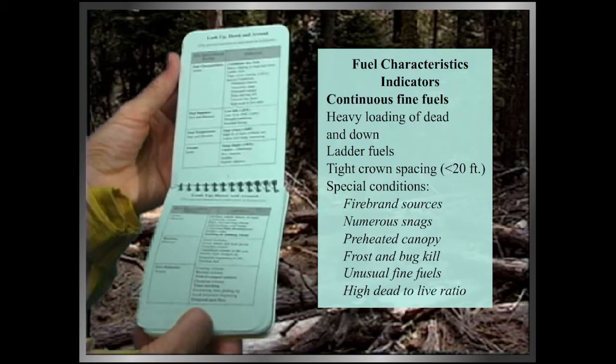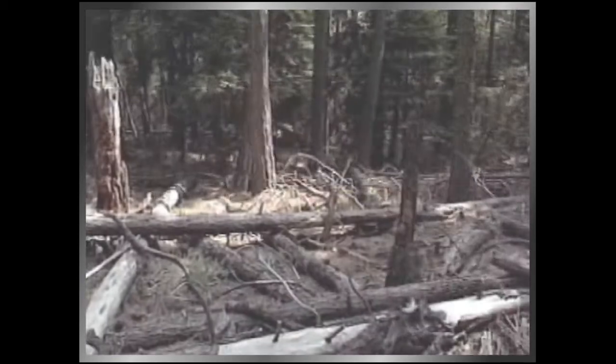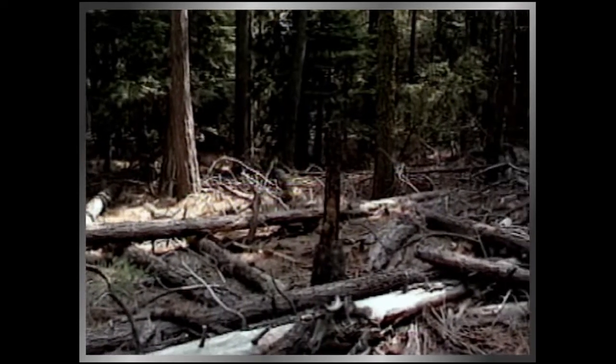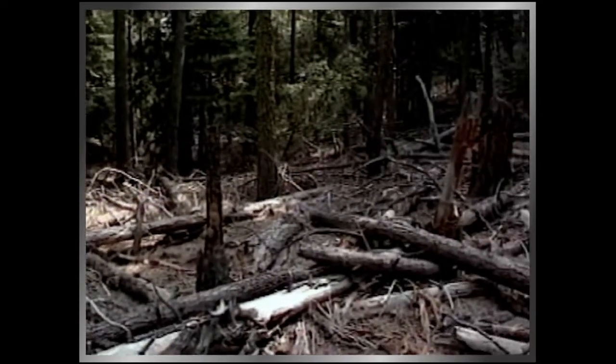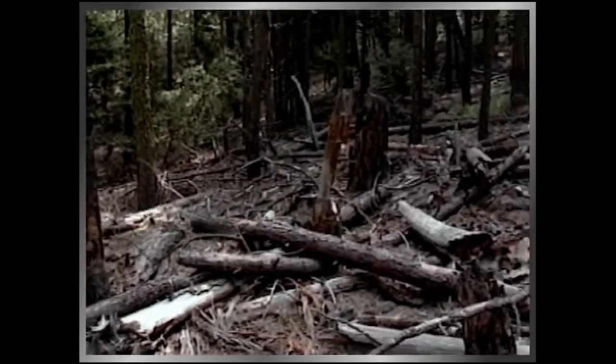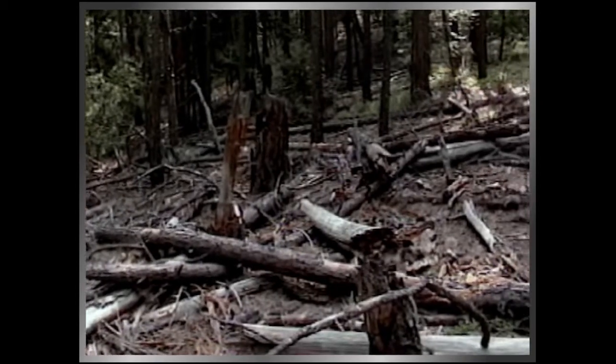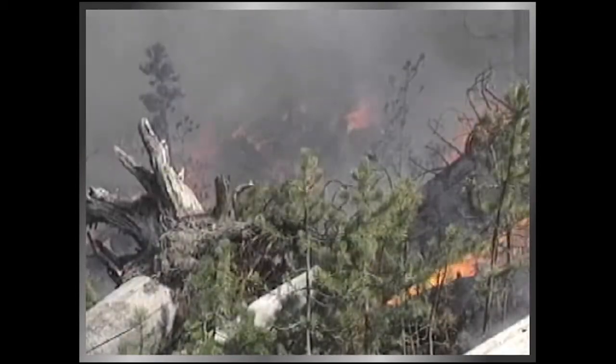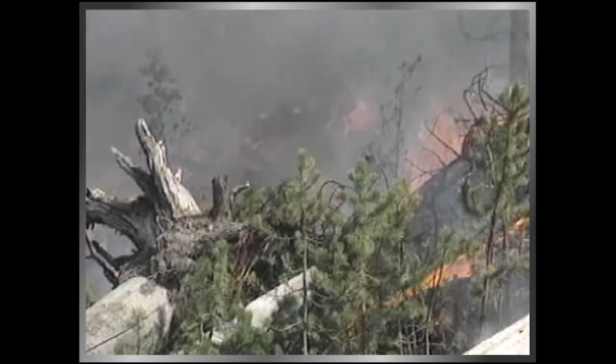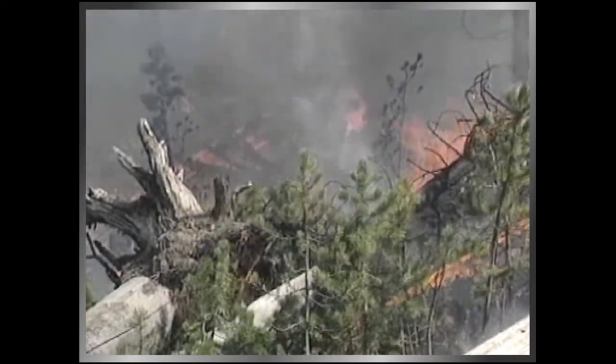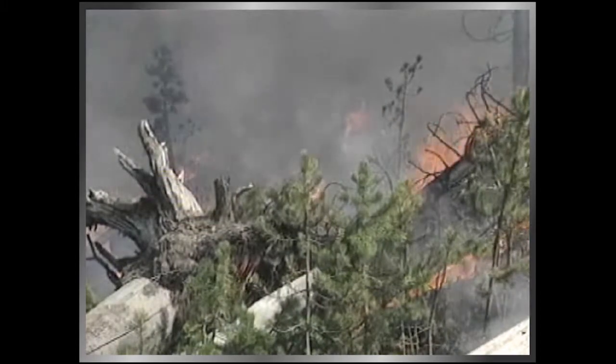The next indicator, heavy loading of dead and down fuels, is on the other side of the fuel scale. This indicator is defined as a large load of dead material, 3-inch or larger wood, that is on the forest floor. Heavy loading of dead and down fuel increases the potential for intense burning conditions.